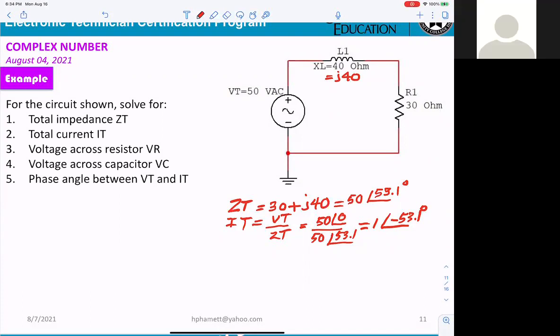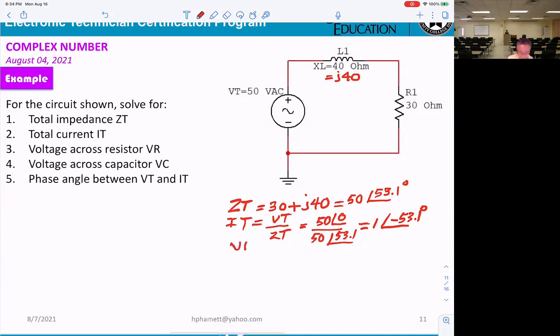VT is leading, exactly. VT leads IT by 53.1 degrees. When you see the angle is positive, it's leading. If it's negative, it's lagging.